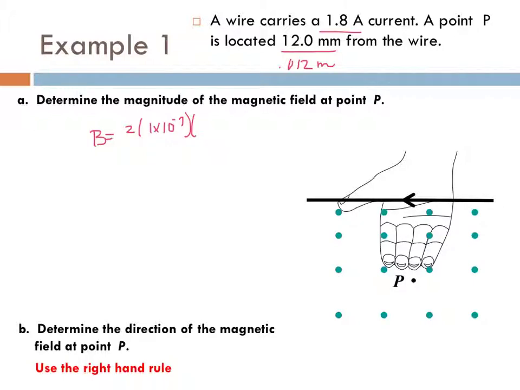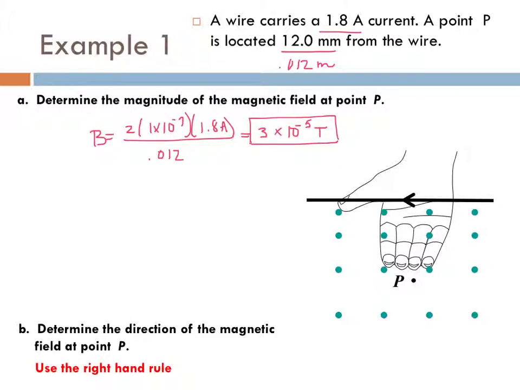Here, our current is 1.8 amps, and our distance is 0.012 meters away. So I get 3 times 10 to the negative 5. These are units of Teslas. Again, magnetic field is a vector, so it needs magnitude and direction. So this is our magnitude, our numerical value.